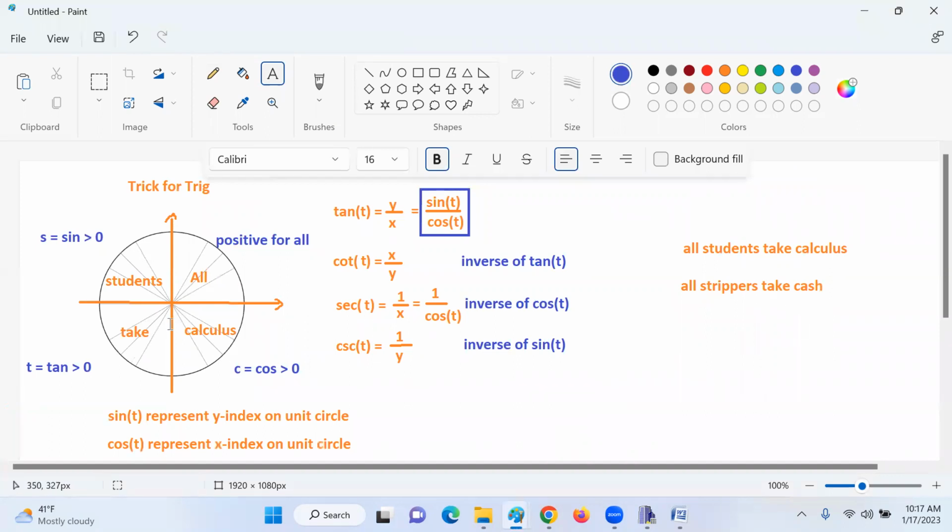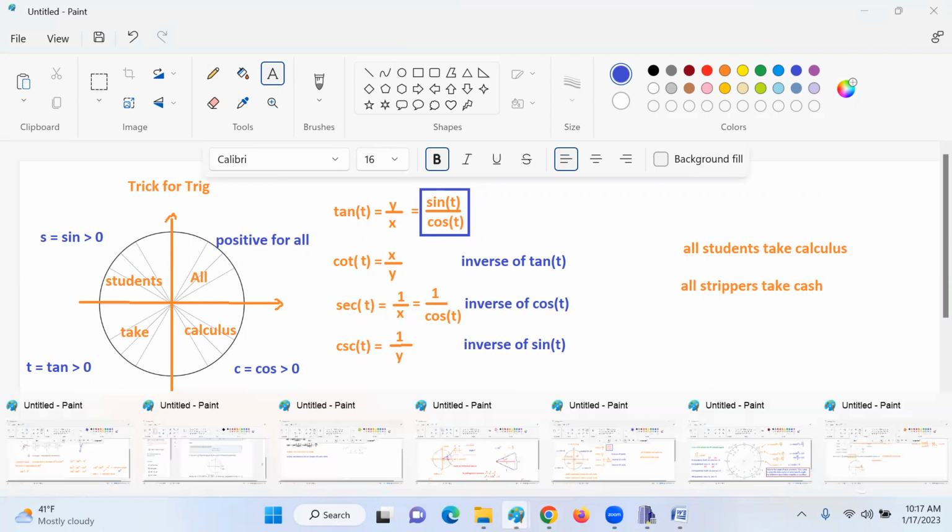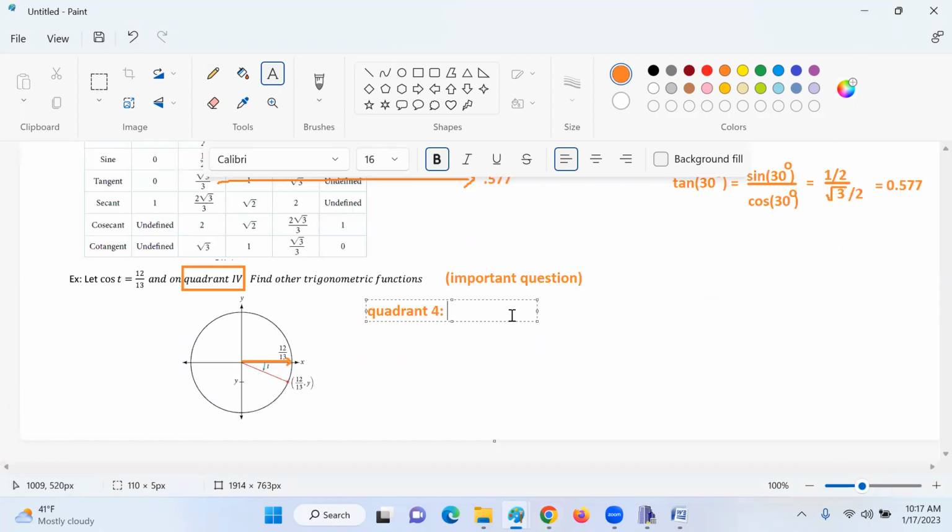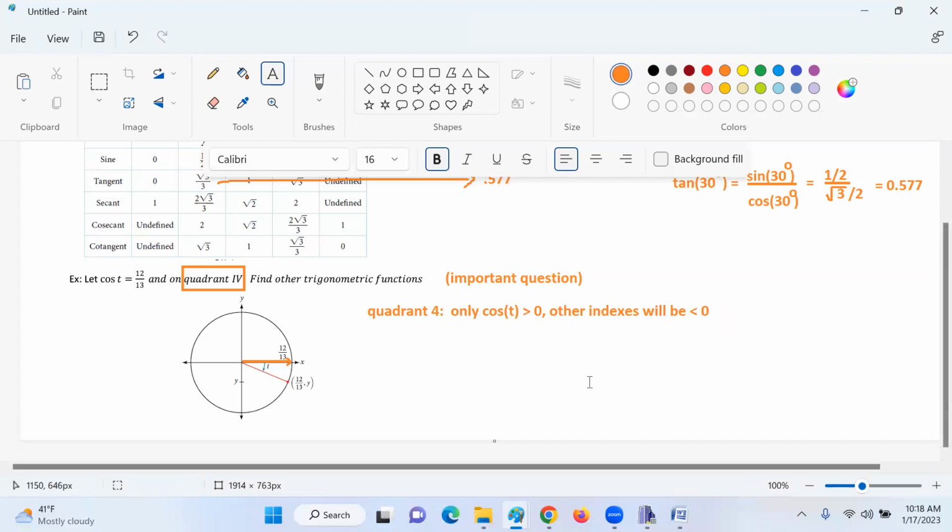The other things will be negative, including sine, tangent, secant, all of those will be negative. Only cosines are positive. All right, so understand this trick. We're not going to use this way to solve the problem because it's very confusing.